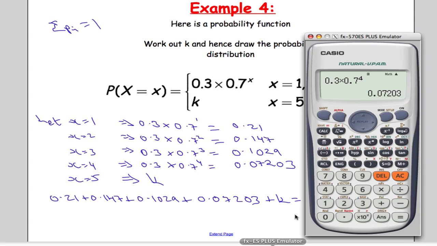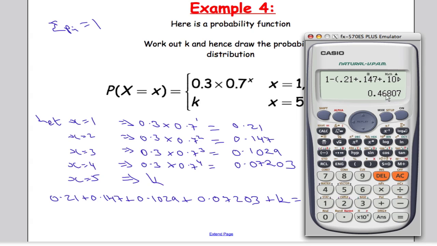So I'm going to take all of this away from 1, and then that will give me k. So 1 minus 0.21, 0.147, 0.1029, 0.07203.